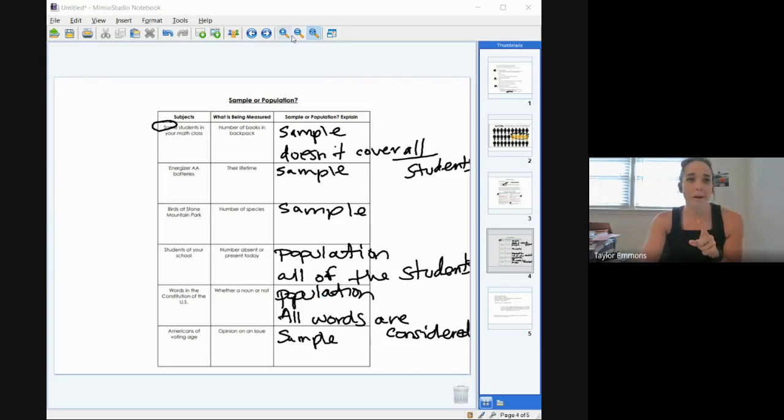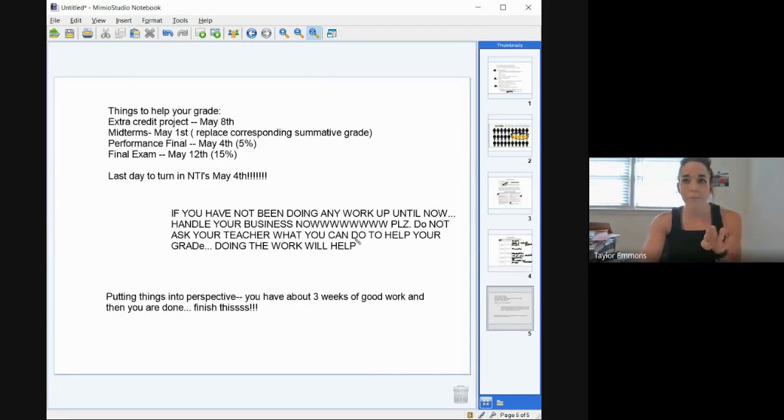One thing I want to talk about, and then I'm just going to open up for questions. Things to help your grade. If you have done nothing up to this point, and I don't think I'm talking to anybody here in particular, but if you've done zero things up to this point, a couple of things can help your grade right now. I would do the extra credit project, which is due May 8th. Do your midterms.